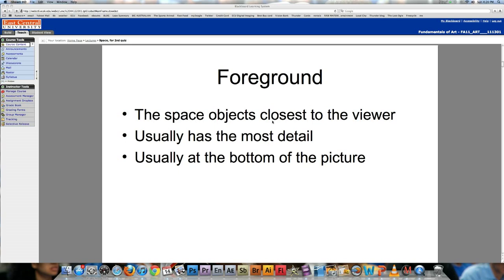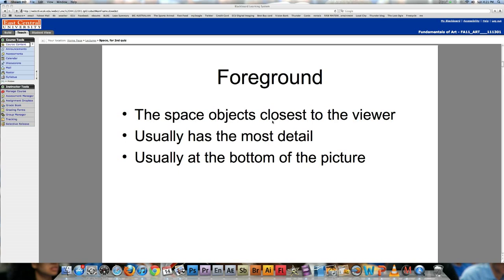Foreground is the space in which the objects that are closest to the viewer exist. Since it's the closest to the viewer, it's going to have the most detail. So if you had a painting of bricks where the bricks were supposed to be 3 feet away, you're going to be able to see all of the details of the bricks.